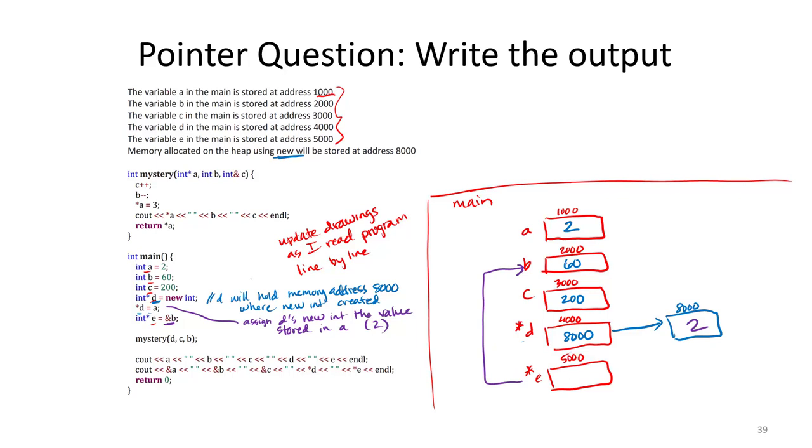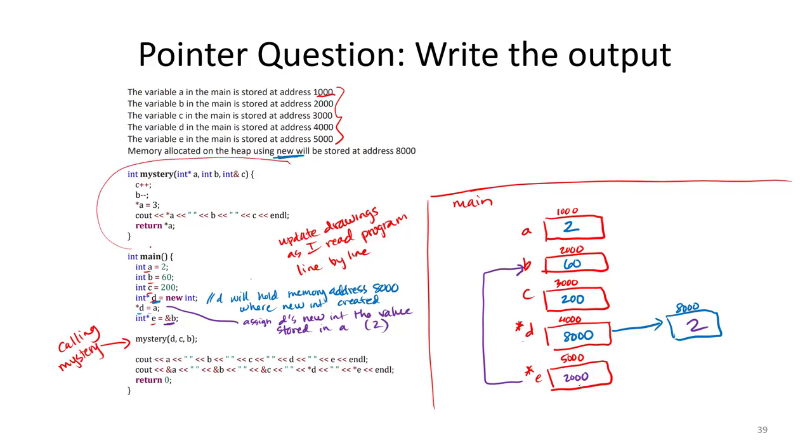That also means that our pointer e is going to store b's memory address. So e is now holding b's memory address and pointing at our variable b.